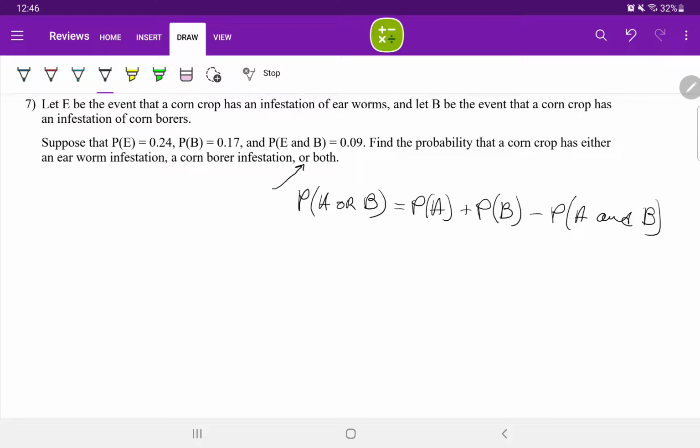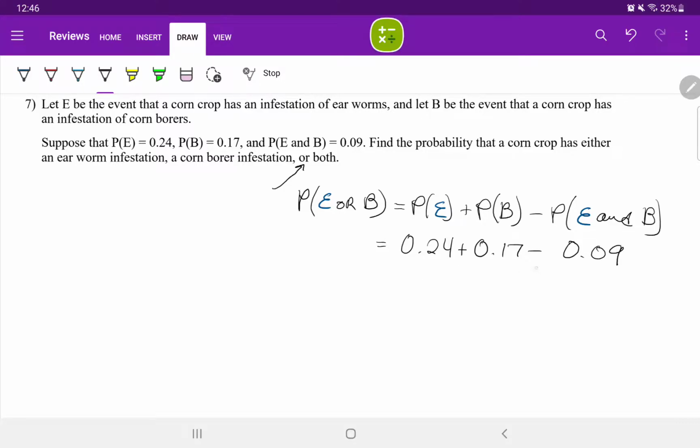In this case, because I have E, I'm just going to replace the A with the letter E. So the probability of E or B equals the probability of E plus the probability of B minus the probability of E and B. The probability of E is 0.24. The probability of B is 0.17. And the probability of E and B is 0.09.